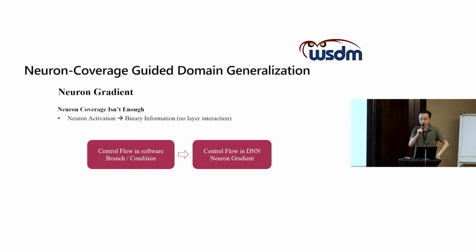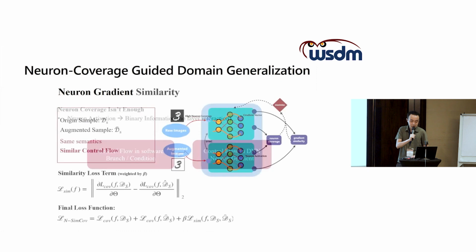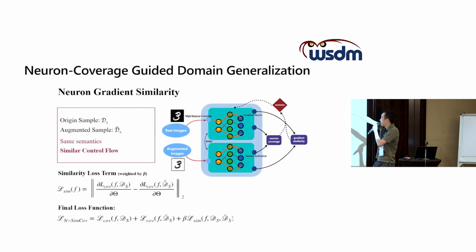You can see what we do here is try to minimize the distance between the gradients of the original sample and the augmented sample. As I have introduced, this is also widely applied in the machine learning community by treating the gradient as the feature space in the neural tangent kernel, so we can perform contrastive learning.